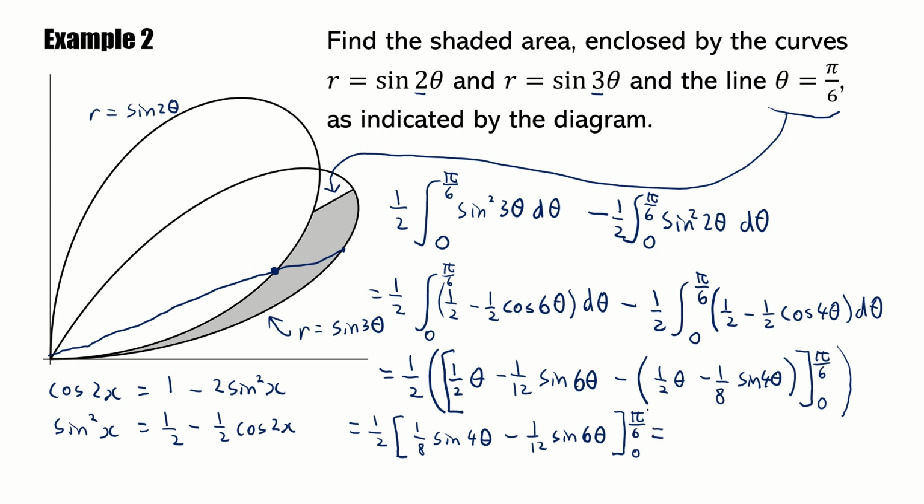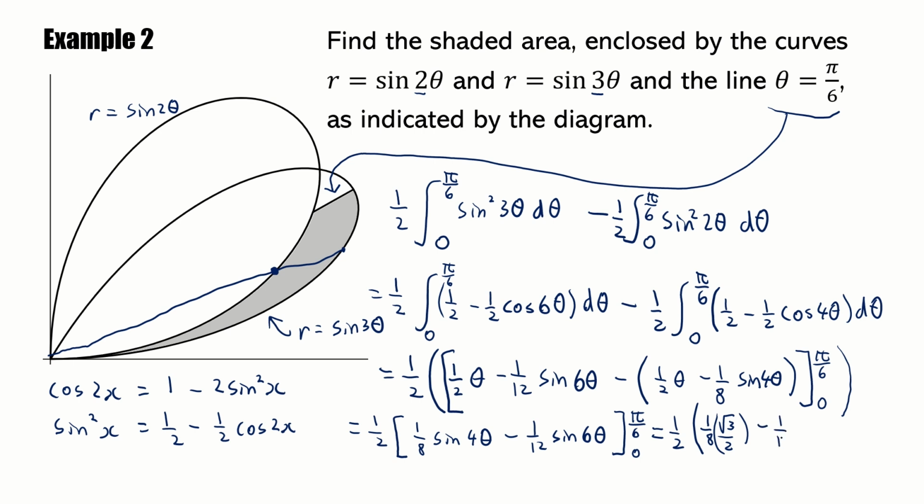And therefore then plugging that stuff in, we've got half lots of 1/8 sine of 4 lots of pi over 6, which would be 1/8 lots of sine of 2 pi over 3, which is root 3 over 2. Fairly nice.